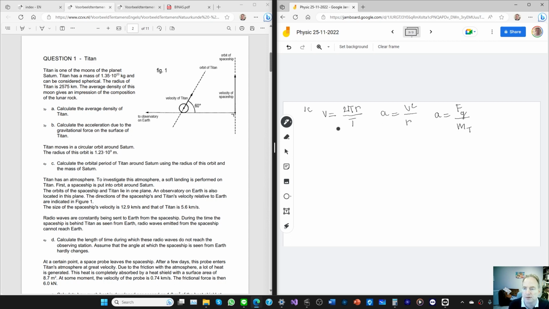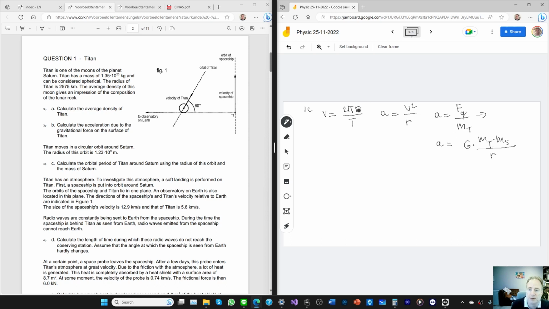So let's combine this first. Let's first get an expression for this acceleration. Here we find that this gravitational force is given by G times M Titan times M Saturn divided by the radius.